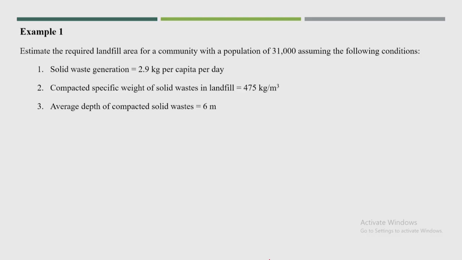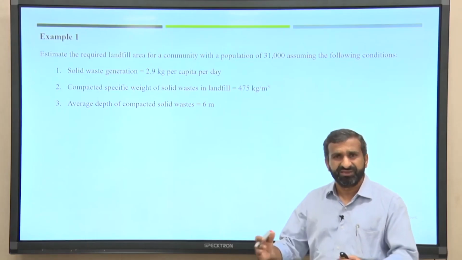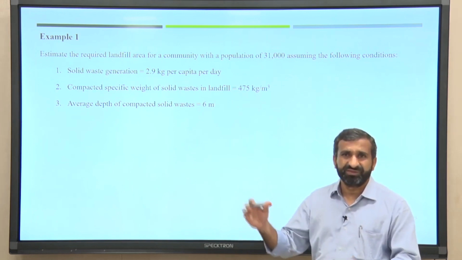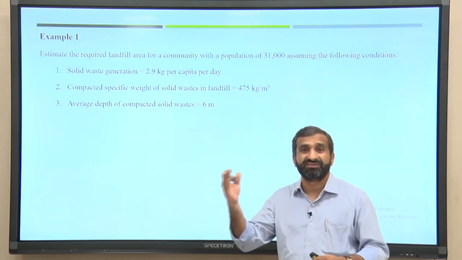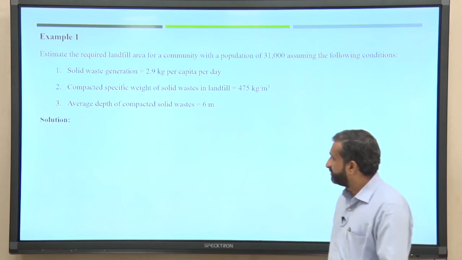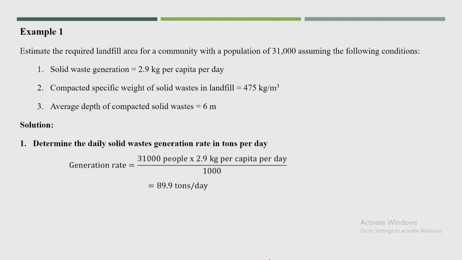We can calculate the area for a year, because the data does not say for how many years this landfill site will be useful. So, the solution starts. First, calculate the daily solid waste generation rate in tons per day.